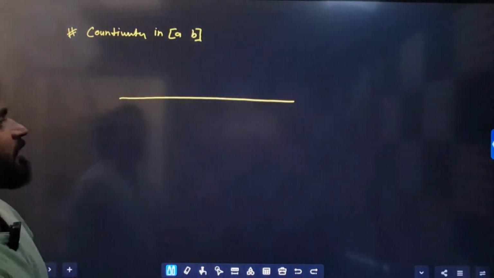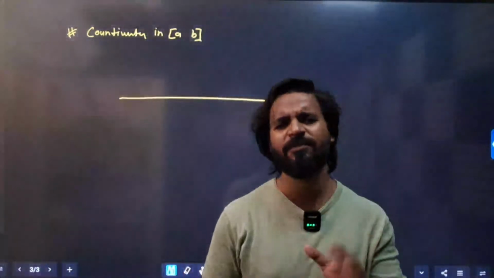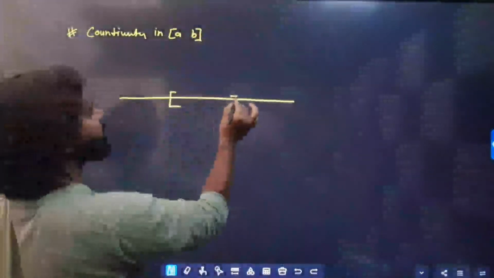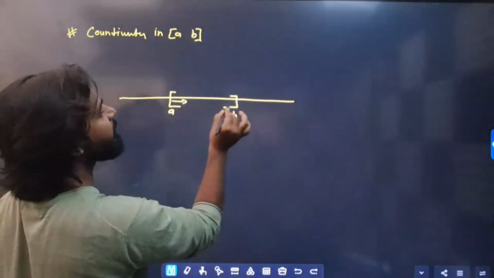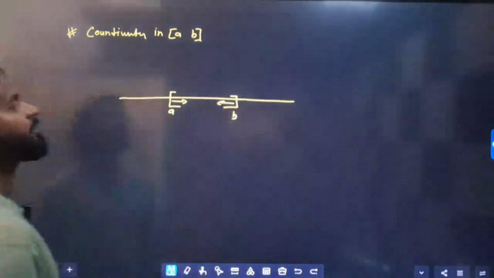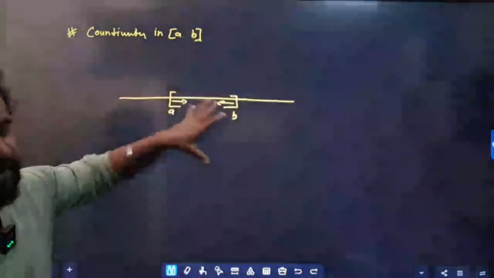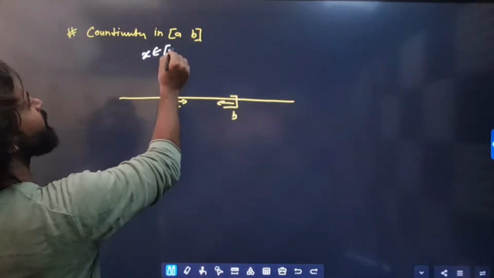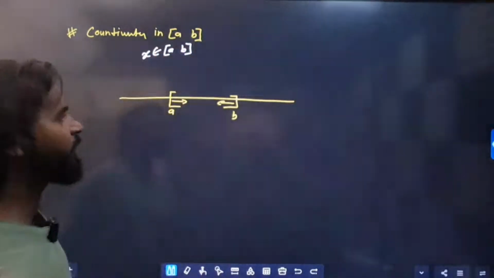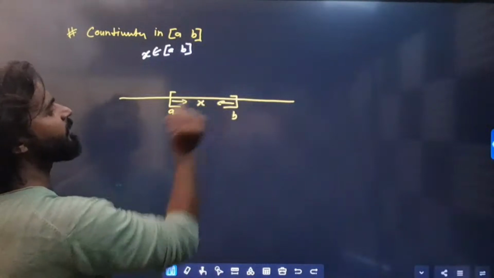It is a real line, and it is very simple, not a very tough point. It's just for knowledge, you always remember this. So I'm taking the values a and b, this way and this way. The value between a and b, x belongs to a to b, x inside of this line.